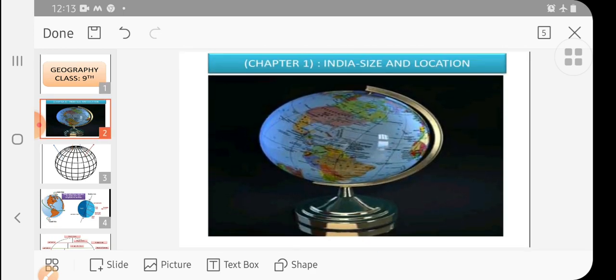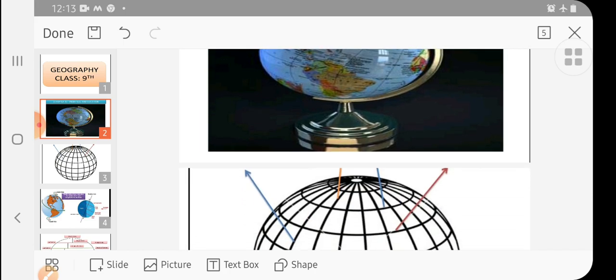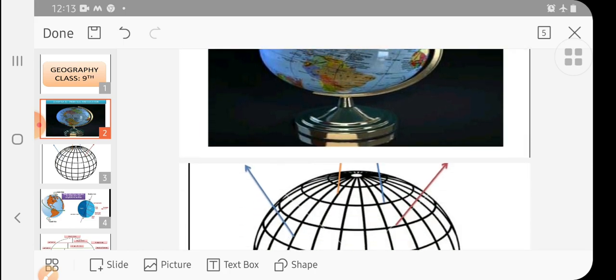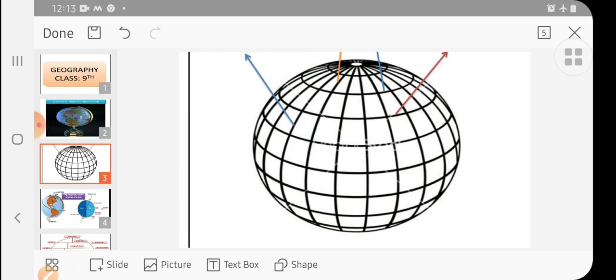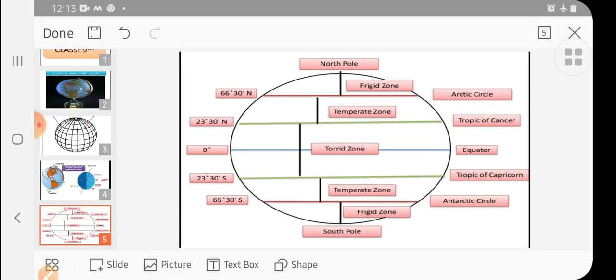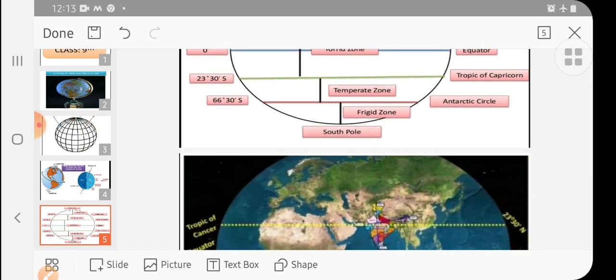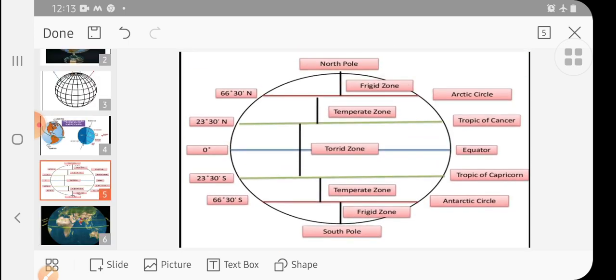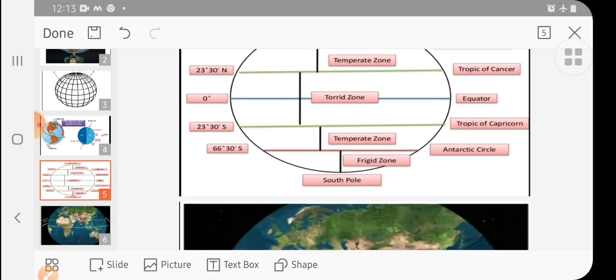To start this chapter, first we will take some knowledge which is very important, like what is a globe, what are the longitudes, latitudes, and what is a grid, and what is the inclination of the earth, and simultaneously the zones, that is, why we divide the earth into three zones.